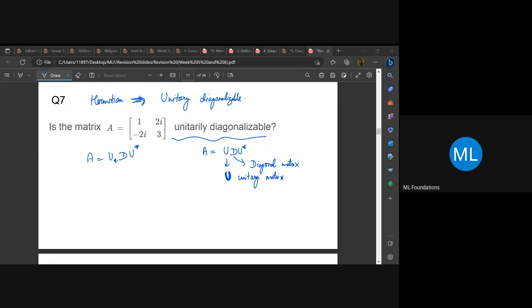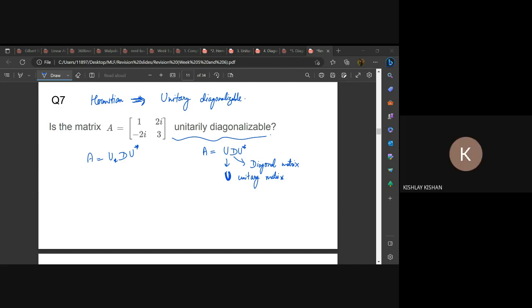Okay, what are the eigenvalues? Eigenvalues are 2 plus root 5 and 2 minus root 5. Right. And the eigenvectors for... minus 2i by 1 plus root 5 and 1. What eigenvector did you get?